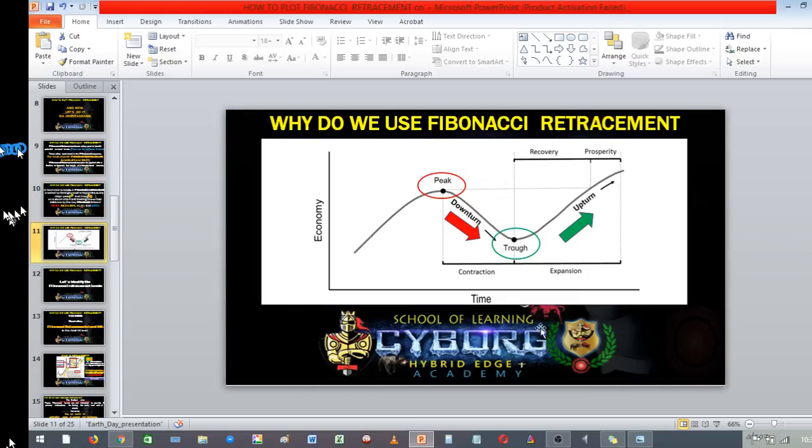So on this chart, you will see the peak, the topmost of the trend, and the trough. After a peak, there's an exhaustion, and there will be a downturn or a downtrend, and the stop in here is called trough, and afterwards there will be an upturn or an uptrend. So this is what we call the recovery.